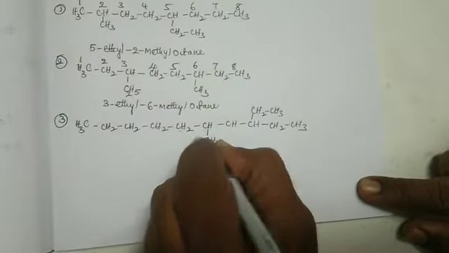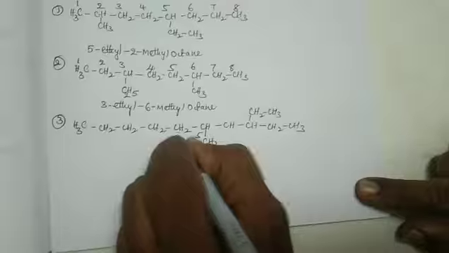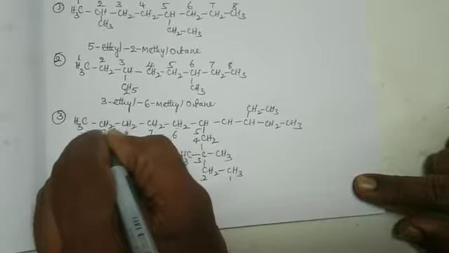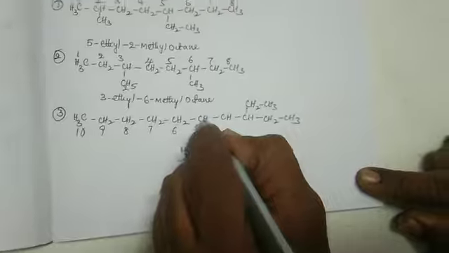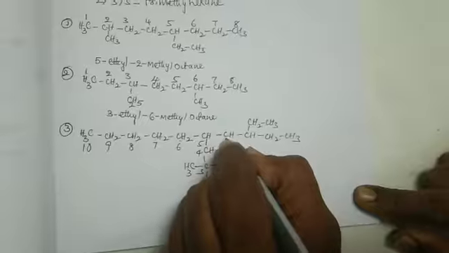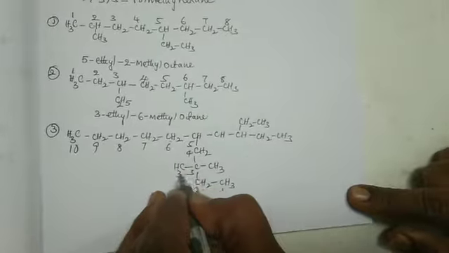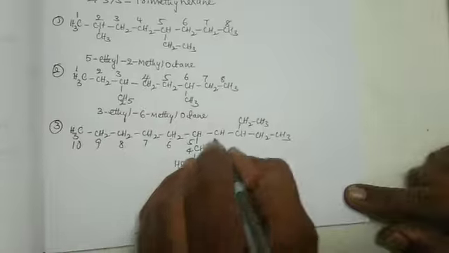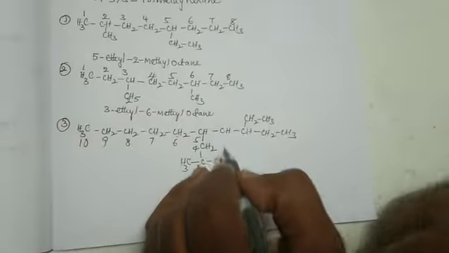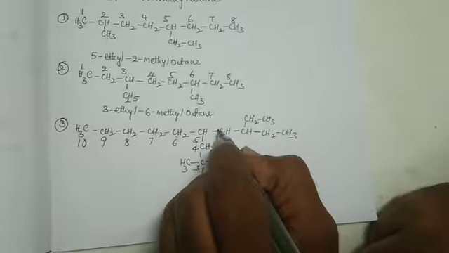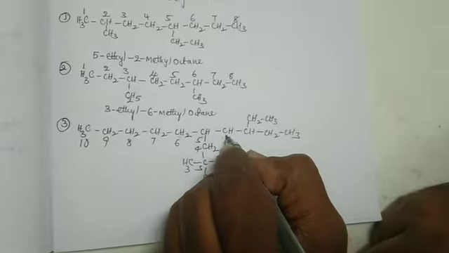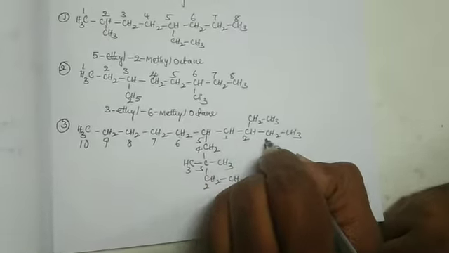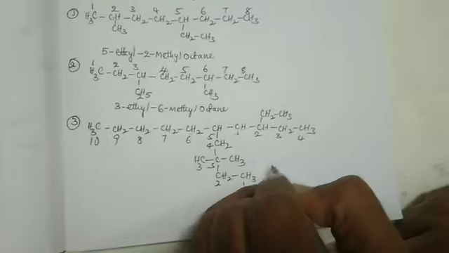1, 2, 3, 4, 5, 6, 7, 8, 9, 10. Here at the fifth carbon you have one substitution, this is the butyl. On the butyl, at the second carbon you are getting one more substitution.